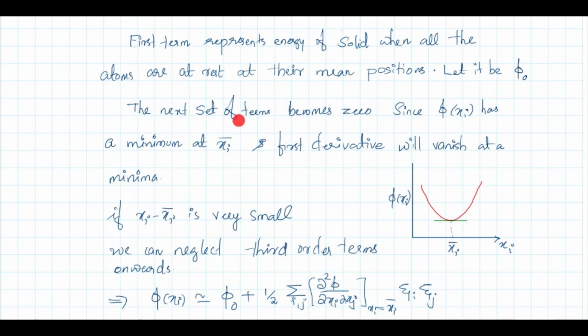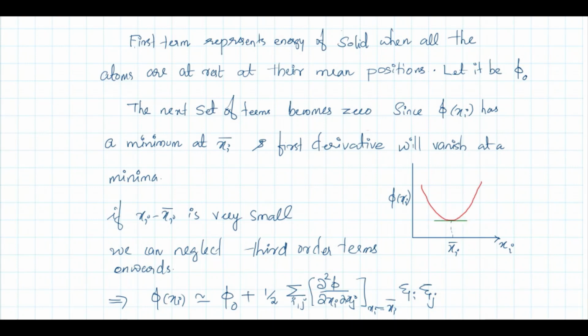The next set of terms, that is the first derivative terms, becomes 0 because this phi of xi, when you plot it against the variable xi, we can see that at the equilibrium position it will have a minimum, because equilibrium positions are defined as the position at which energy is a minimum. So at equilibrium position, the potential energy function will have a minimum. If you take the slope of the tangent at that point, that will be 0.